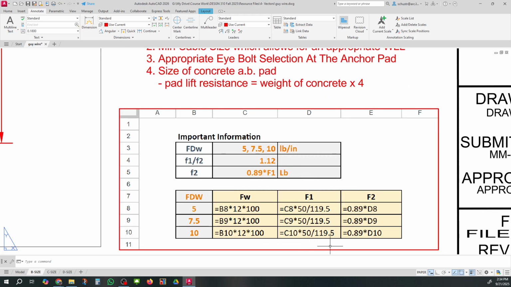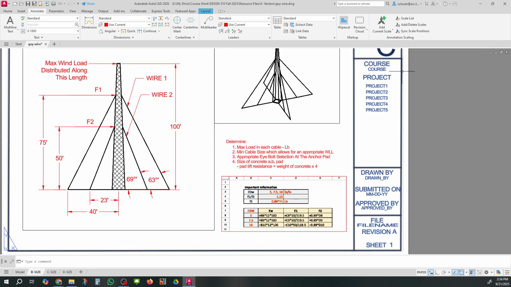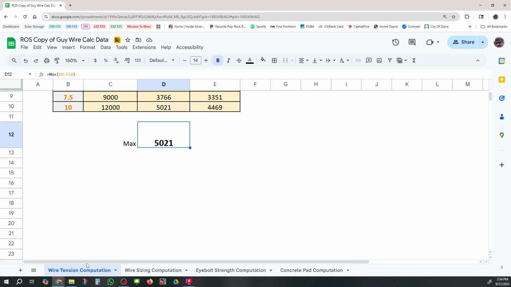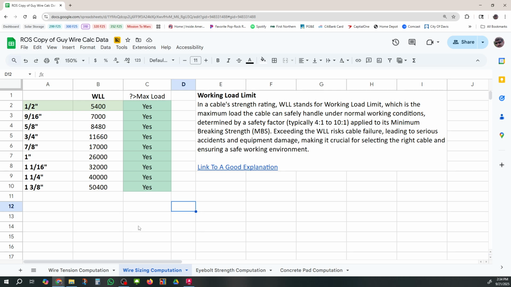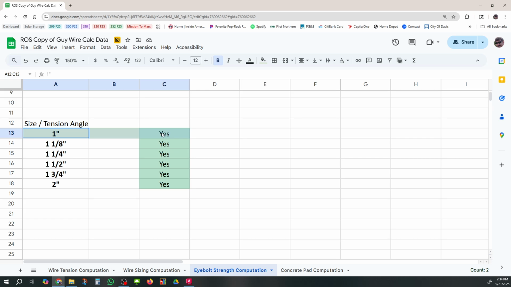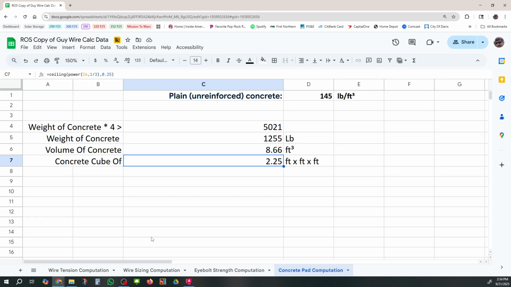The engineer did it for us a little bit, and then to plug them into a spreadsheet to find maximum forces, which is really useful so that we can say how big does that cable need to be, how big does the eye bolt need to be that's holding that cable, and how big does the concrete pad have to be that eye bolt is put into. There we go. There's the end of the Guywire problem.